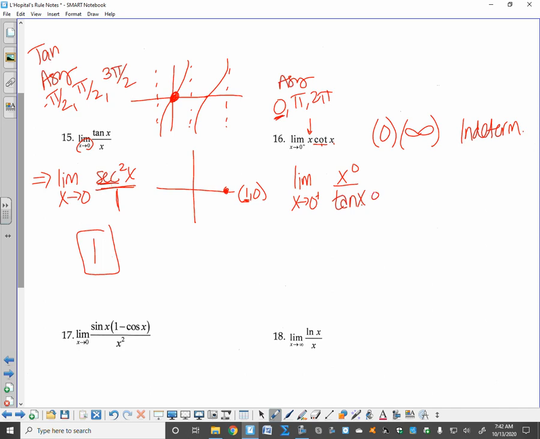So this is 0 over 0. So by the powers of L'Hopital's rule, derivative of the top is a 1, derivative of the bottom is a secant squared. So let's see, secant is cosine's buddy, so 1 over 1, which is 1, squared is 1, so 1 over 1, which is 1. Not 0, 1, sorry.